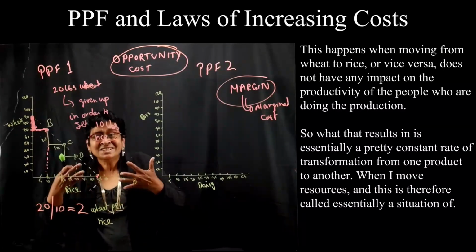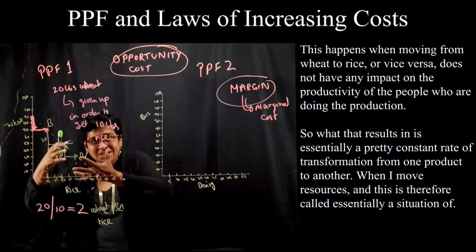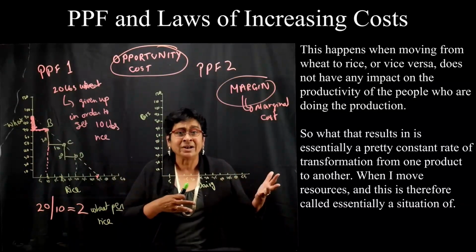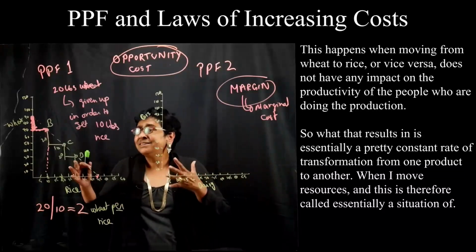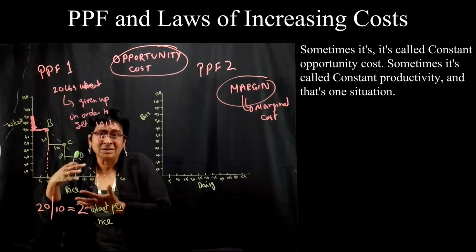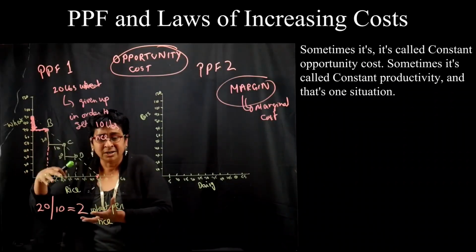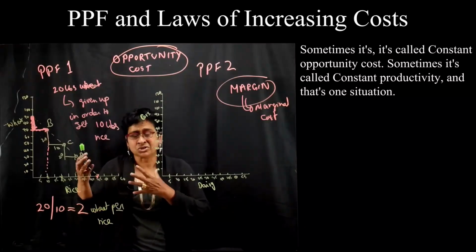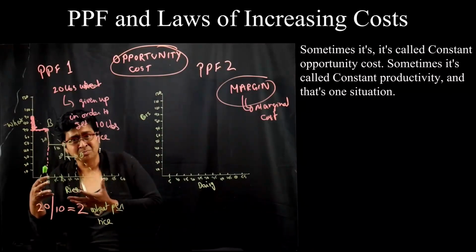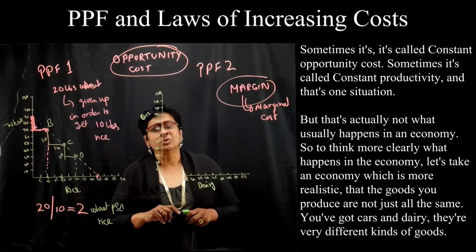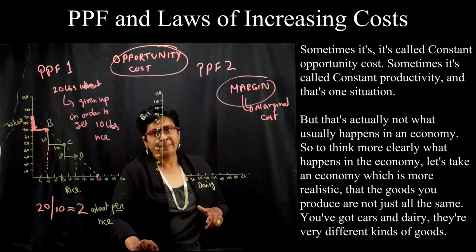So what that results in is essentially a pretty constant rate of transformation from one product to another when I move resources. Sometimes it's called constant opportunity costs, sometimes it's called constant productivity, and that's one situation. But that's actually not what usually happens in an economy.